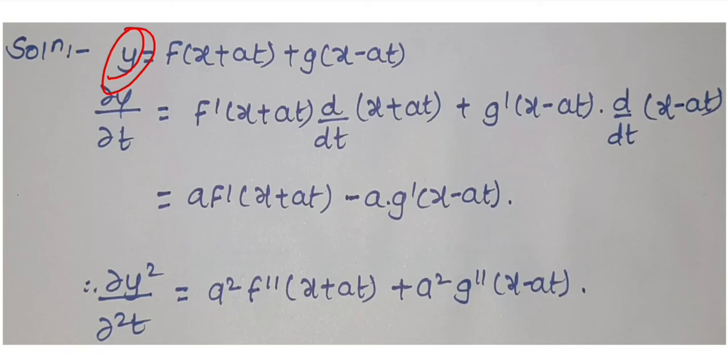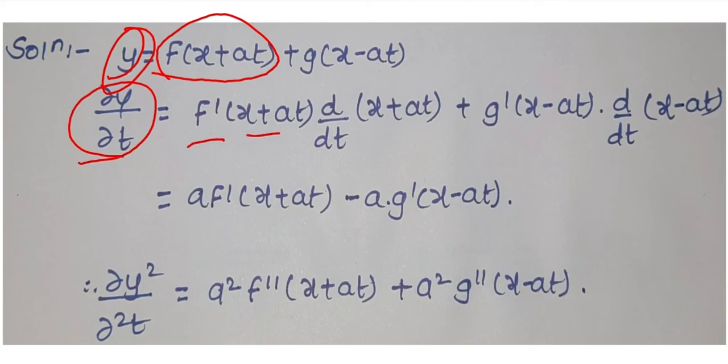partially differentiating y with respect to t, we get delta y upon delta t equal to, okay, so differentiation of f of x will be f dash of x, here x is x plus at. So f dash of x plus at, and by the chain rule, we get d by dt of x plus at, because it is a complex term, not only x.